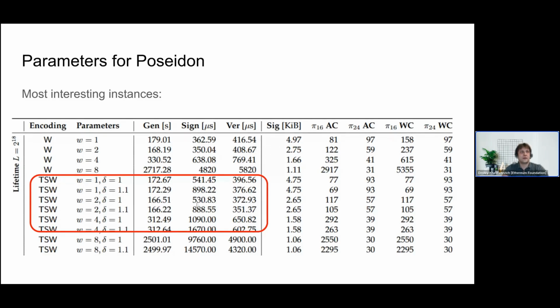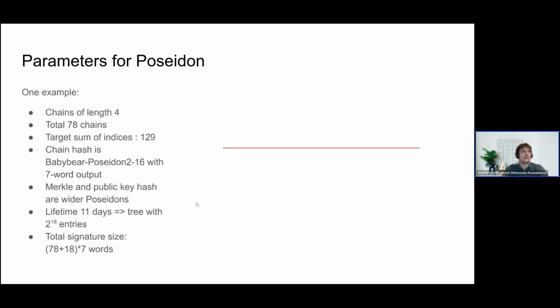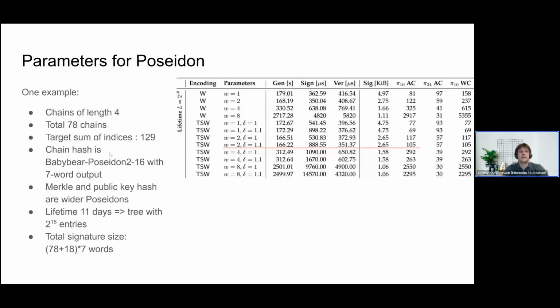Yeah. What else? There is a concrete scenario which we think is interesting, the one that I've underlined. For simplicity, I give here all the parameters: we have chains of length 4. In total, we have 78 chains, and we target the sum of indices to be 129.